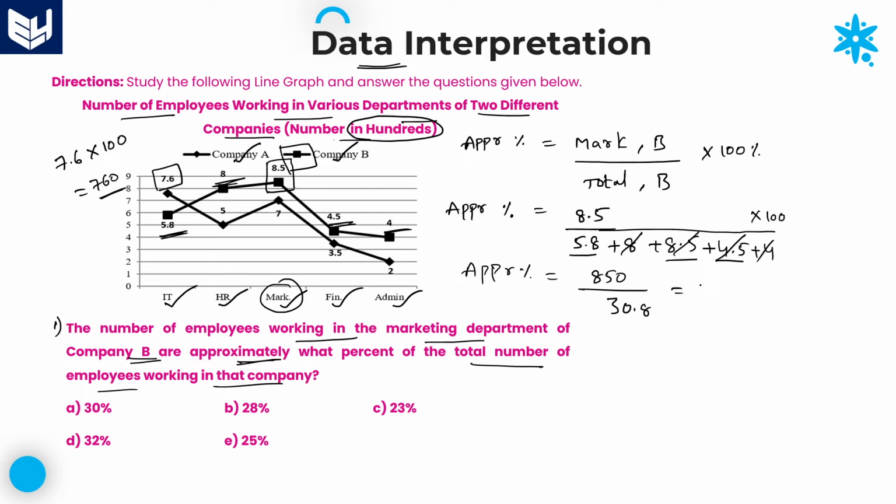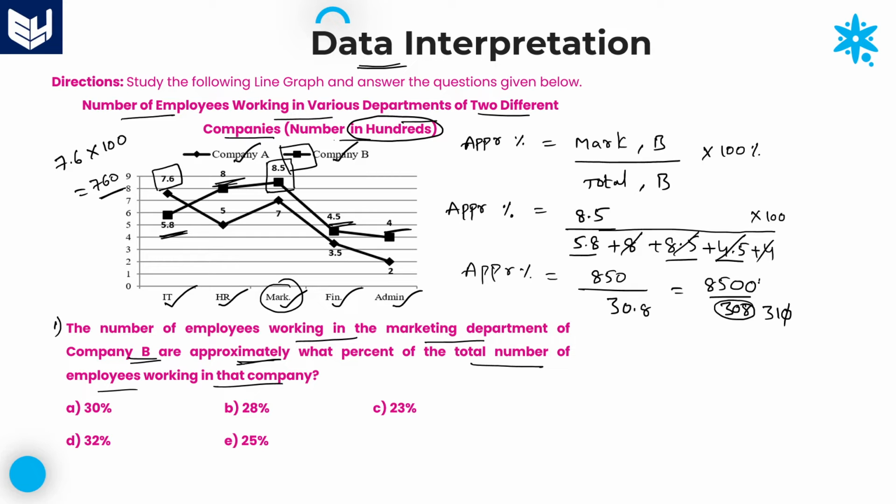Now write this value as 850 divided by 30.8, which is 308 by 10, and the 10 goes to the numerator as multiplication. As we are calculating an approximate value, for the simplest calculation, instead of taking 308 you just take this value as 310, increasing the value by 2.